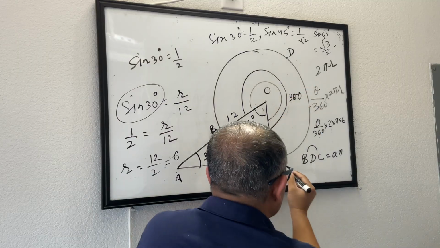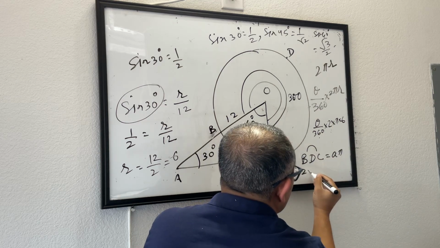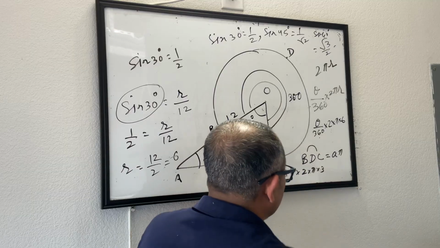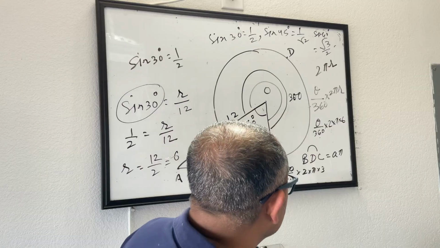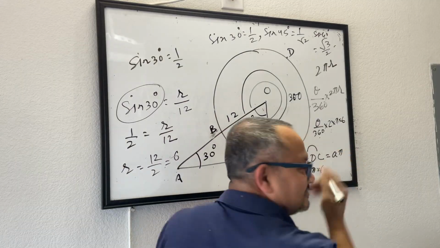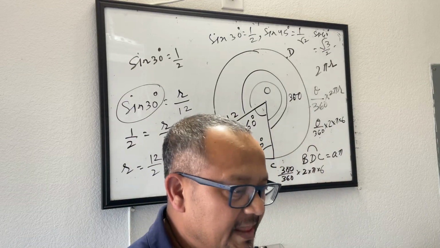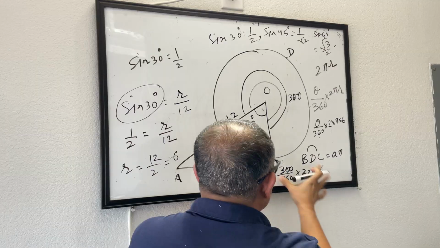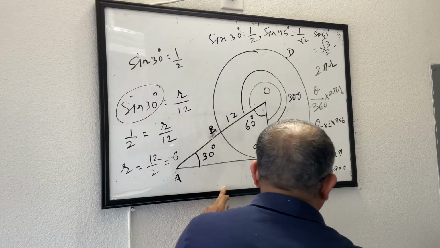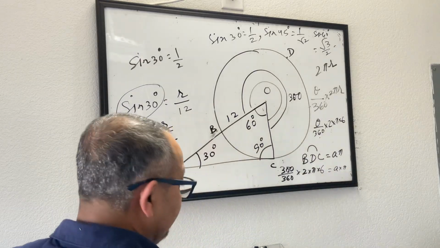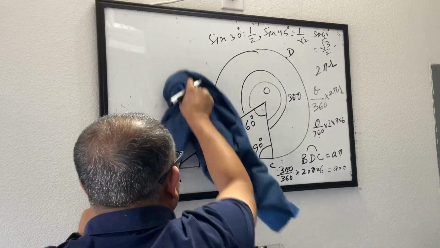So 300 by 360 into 2 into pi into 6. This will be my total length of the arc, and that is given as a into pi. So from this, let's do all the funky stuff to find the value of a. We have come close to getting the answer.